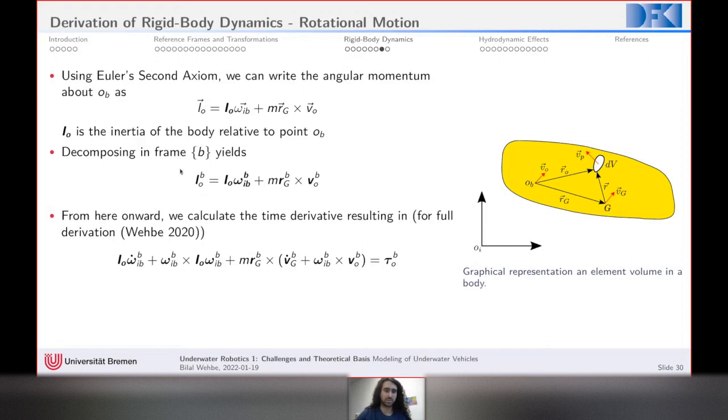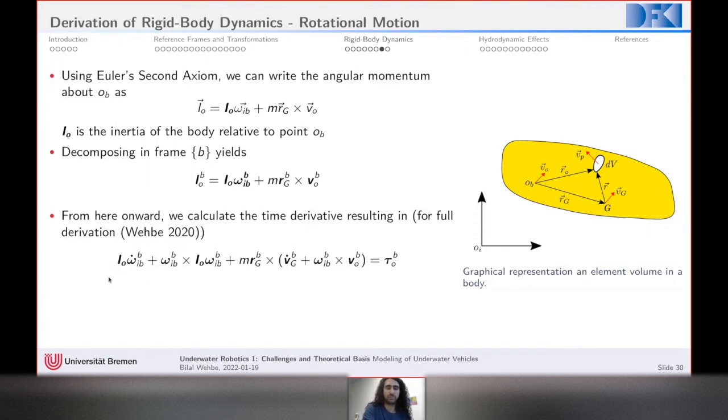But as I said, what we're trying to do here is get the time derivative of this moment or angular momentum, and then transform it to the inertial frame to be able to apply Euler's second axiom. If we do all of that, we will arrive at something very similar to what we had in the linear part.